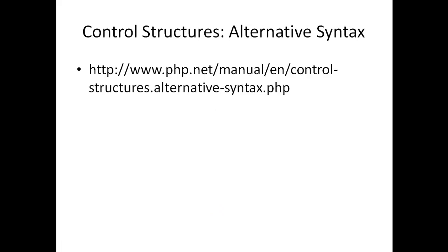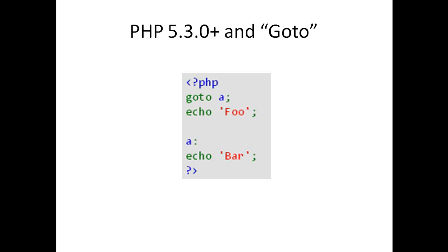All right, here is alternative syntax for control structures. PHP.net resource, should you be interested. Of course, it's all one line, and there is a dash between control and structures. All right. So PHP 5.3.0 plus has a goto.